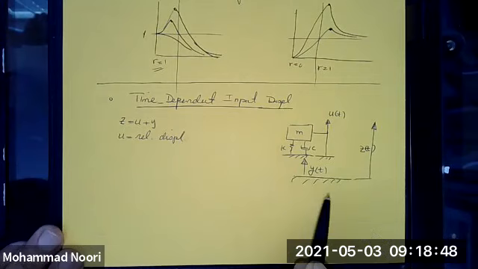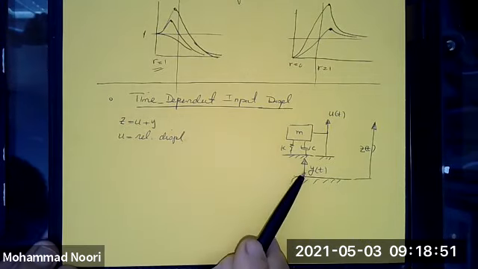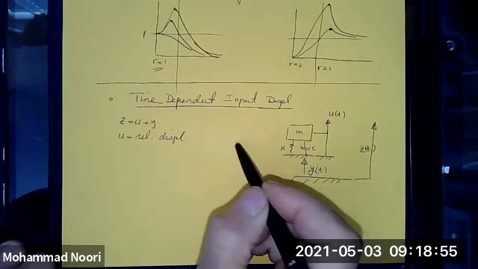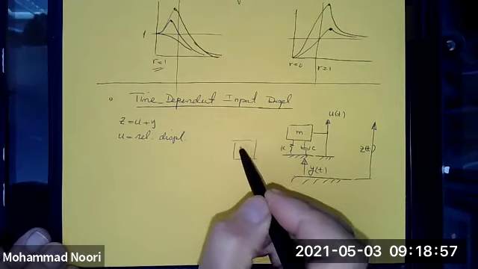So we derive the equation of motion when the system is subjected to an input displacement by setting up the free body diagram.